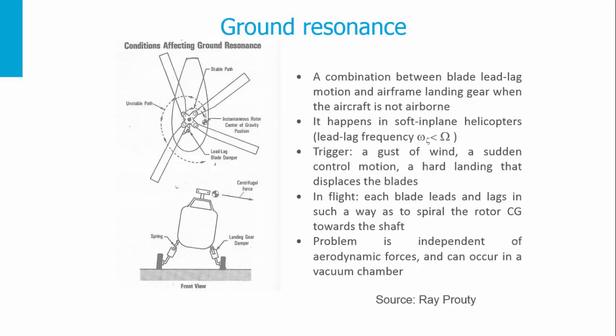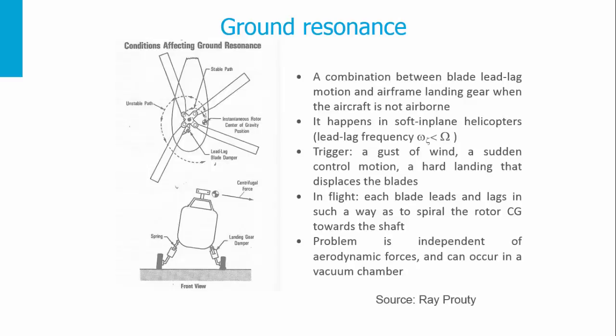A soft in-plane helicopter, I recall you, involves that the lead lag frequency is smaller than the RPM of the rotor. You have as a trigger a gust or a wind or a sudden control motion, a hard landing that will displace the blades.